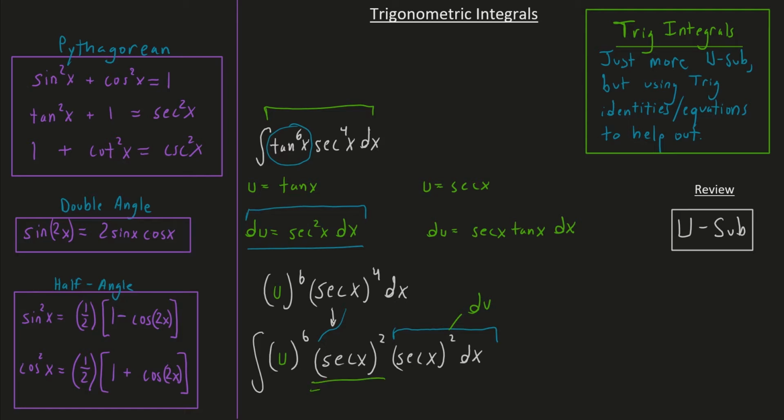Look, I got 2 more secants I have to deal with. What do I do with that? Well, I can use this identity right here just to turn those secants into tangents. So instead of writing secant x squared here, I can just write tangent squared of x plus 1.